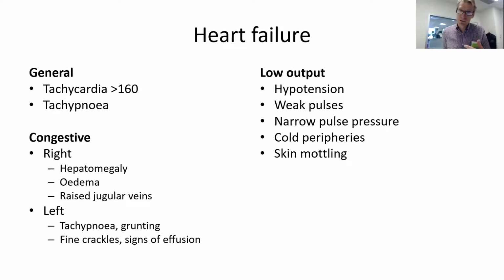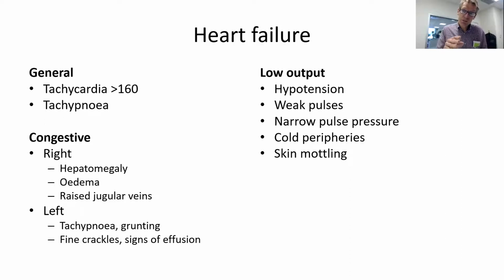And then there are signs that are not signs of congestive heart failure, but signs of low output heart failure, or low cardiac output. So hypotension, very weak pulses, the pulse volume is very low, a narrow pulse pressure, cold peripheries, and skin mottling. They're all signs of low output heart failure.